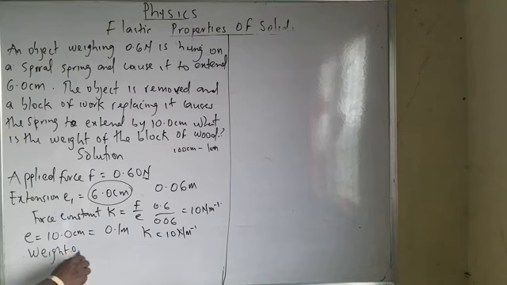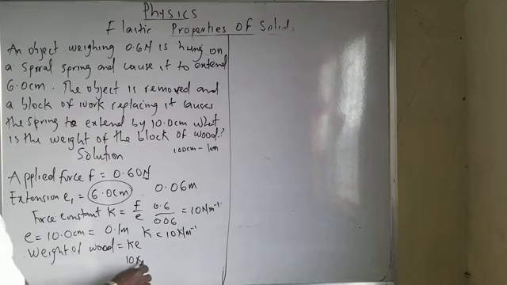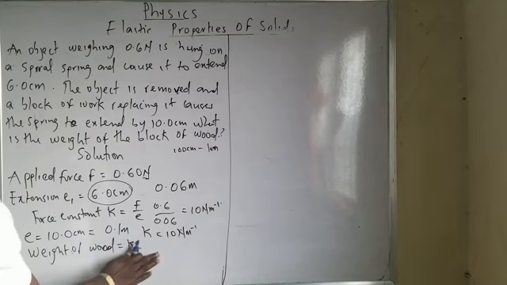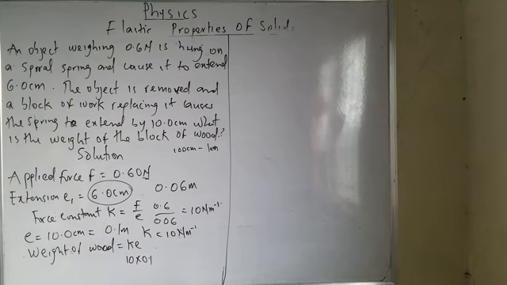Since I have that, I can have my weight of the wood equals KE, which is 10 multiplied by 0.1, which gives 1.0 Newton.